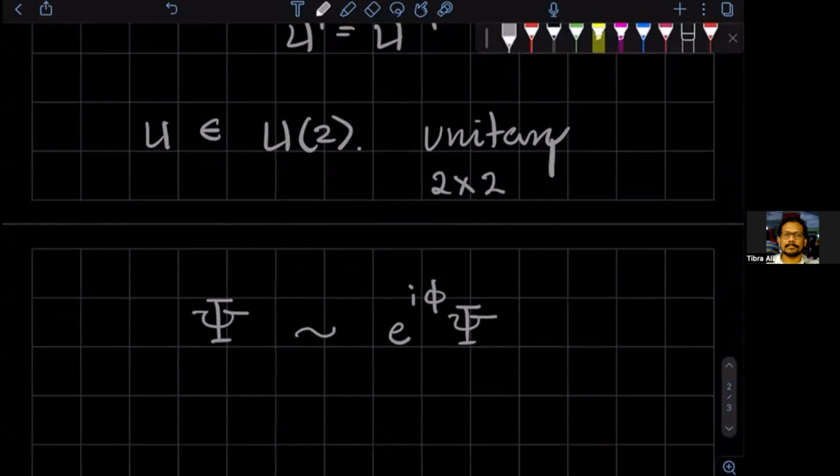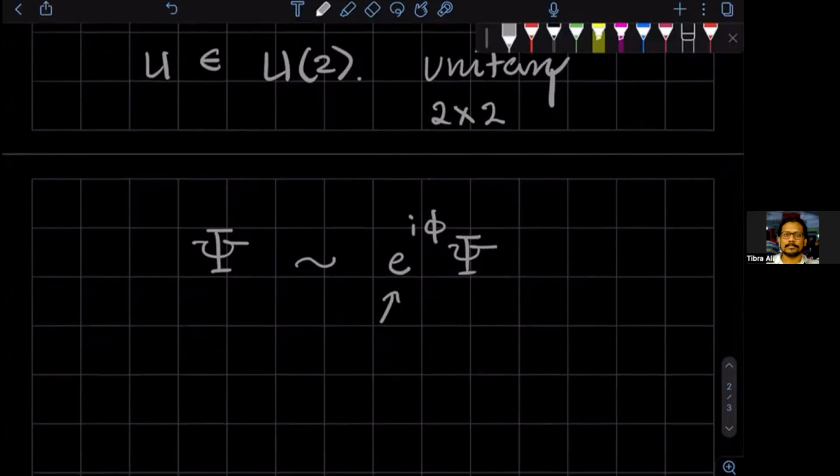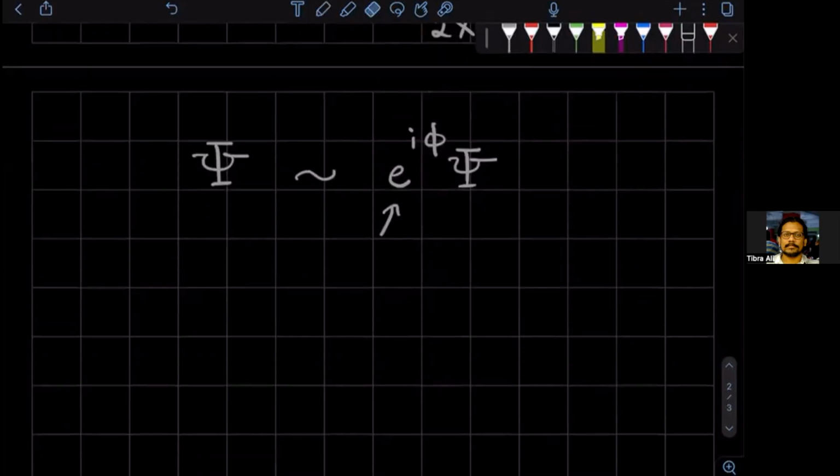So in quantum mechanics, we identify such wave functions. Because this is a constant phase factor, it does not change the normalization. So there is this redundancy in the description of a quantum state.